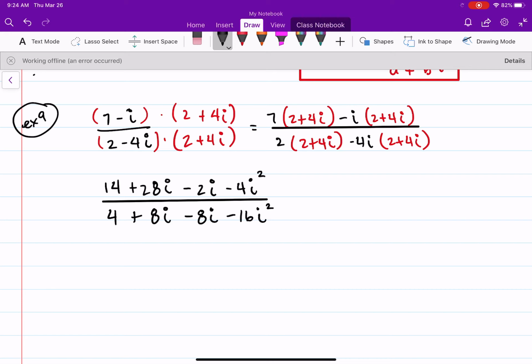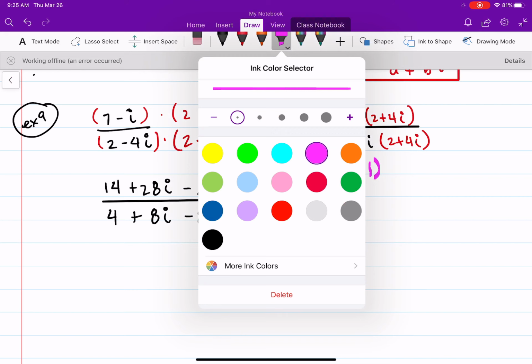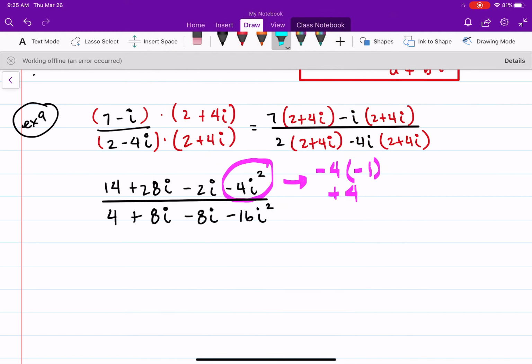Looking at this again, negative 4 times a negative 1 is a plus 4. And down here, negative 16 times a negative 1 is a plus 16. We have to remember that as we combine like terms.